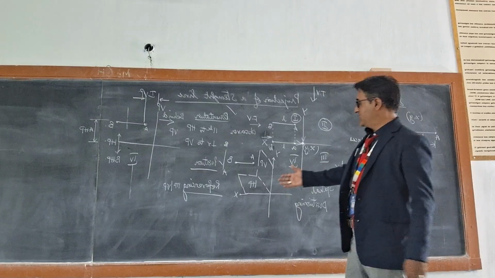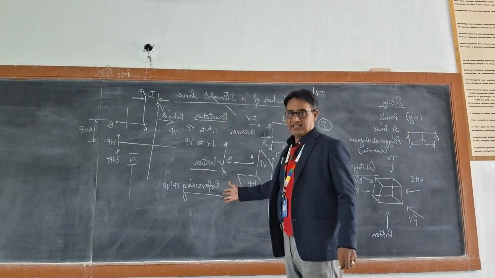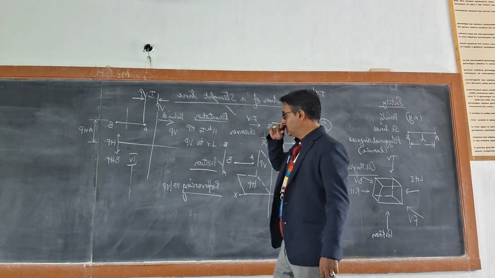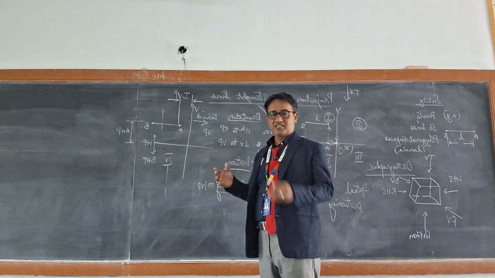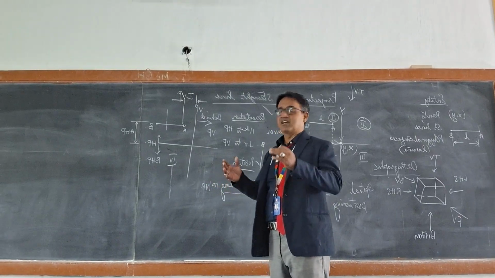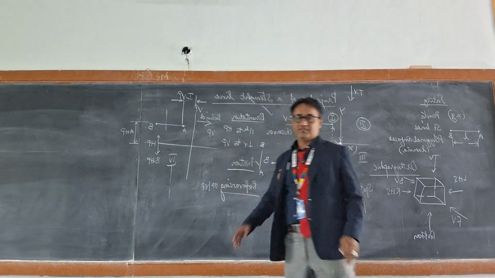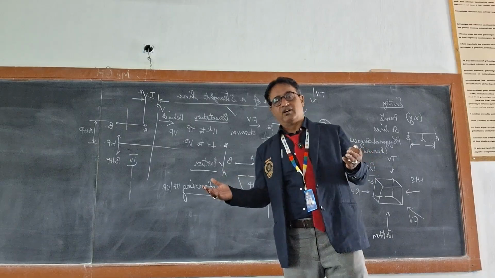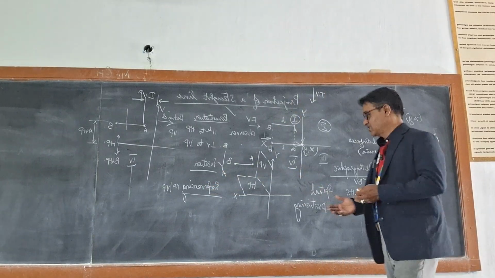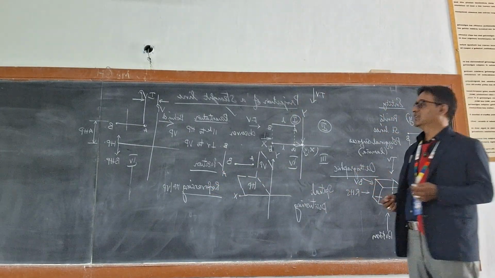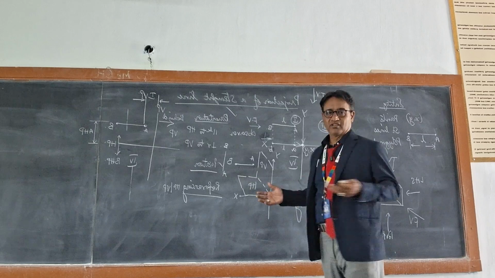Then, based on these criteria, you have to follow a procedure for constructing the orthographic projection of these entities, whether it is a line, a point, or a three-dimensional object, because the concept remains the same. Okay, because that is basically an orthographic projection.